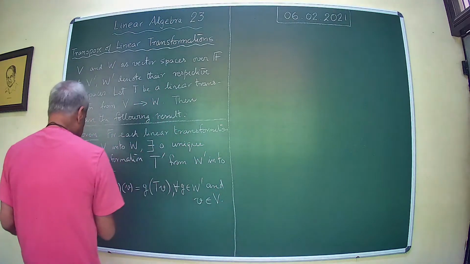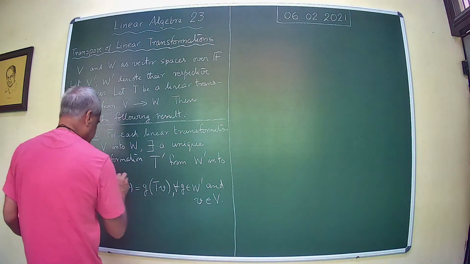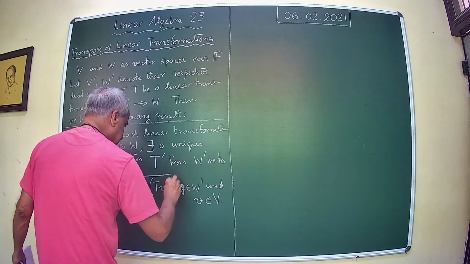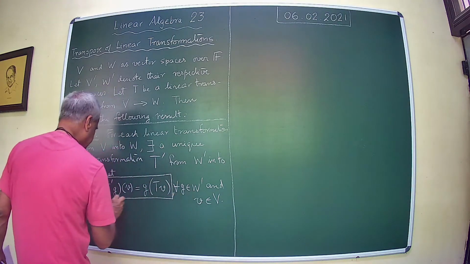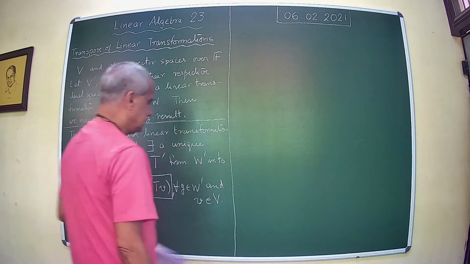So this is a crucial relationship that connects T with T prime, or that defines T prime.